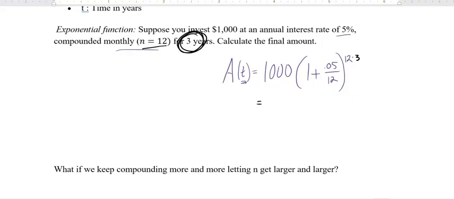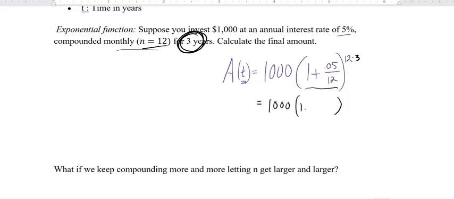Okay, so let's see. If I run that through my calculator, give me 1 second, I didn't do this ahead of time, but it won't take long. I always get this question in class, what do I do first? Well, you always work within your parentheses, so get a value for that. If you get good with your calculator, if you have one of those nice graphing calculators, you can plug it in all at once. But if not, you have to be careful with your order of operations. So I would do 0.05 divided by 12, that's 0.0041666.